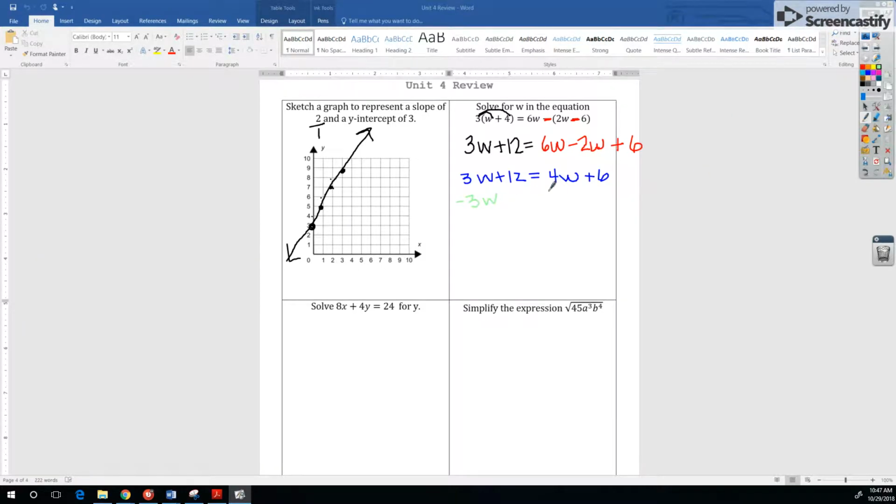I'm going to subtract 3W from both sides. 12 is equal to 4W minus 3W, which is just W. I have a plus 6, so I need to do the opposite, minus 6. 6 is equal to W. I can always plug it back in to check my work. 6 plus 4 is 10, and then 6 times 6 is 36, minus 2 times 6 is 12, minus 6 is just 6. So 3 times 10 is 30, and 36 minus 6 is 30. That worked.